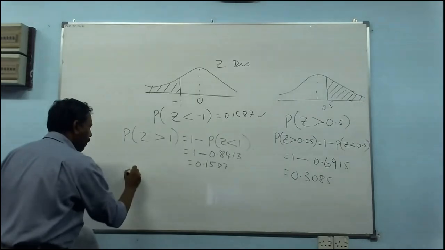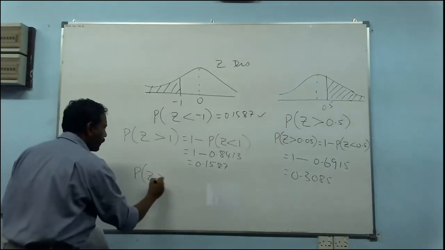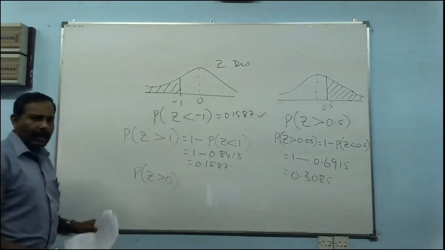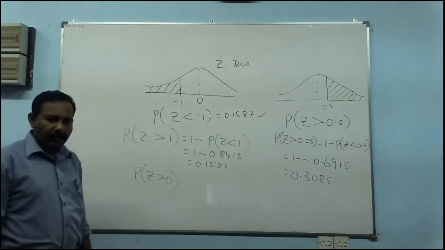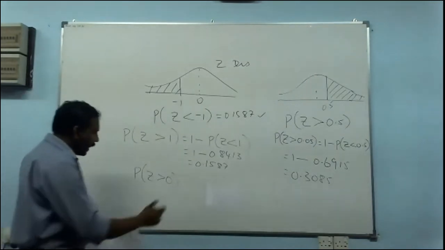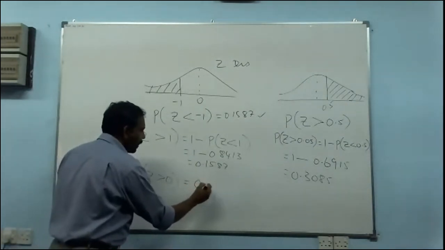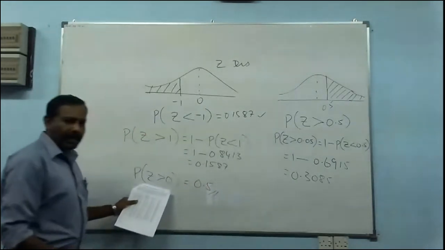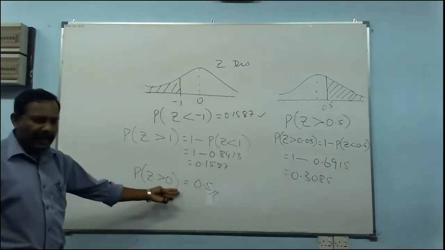What about the probability of z greater than 0? What is the answer? 0.5. We don't need any table. Why?